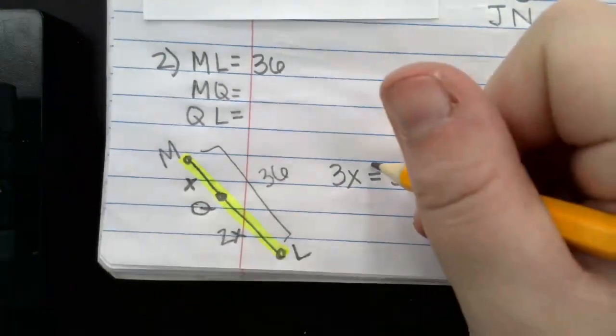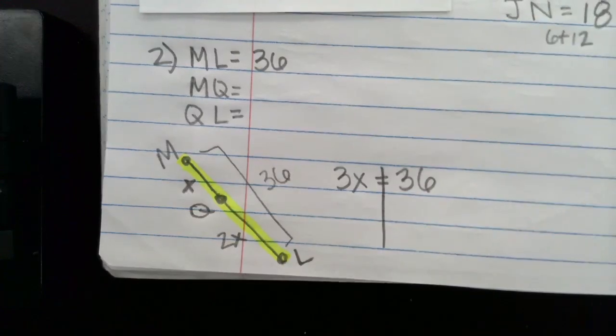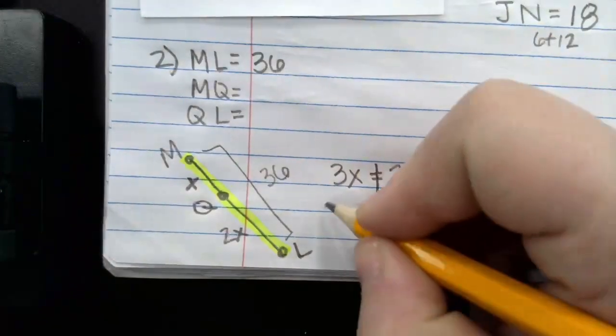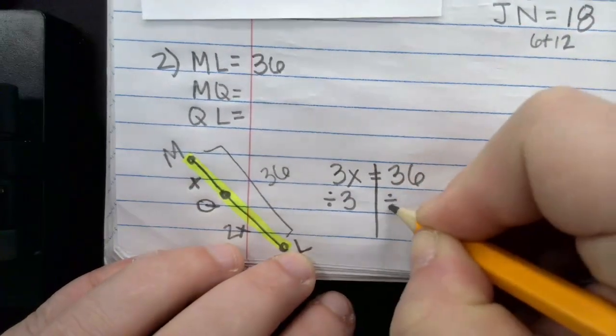And then it's just an equation we can solve like we do in algebra. But that 3 and the x, they're touching. So touching means that they multiply. How do we undo multiply? Divide. You can use that fraction line, or you can use this division symbol.